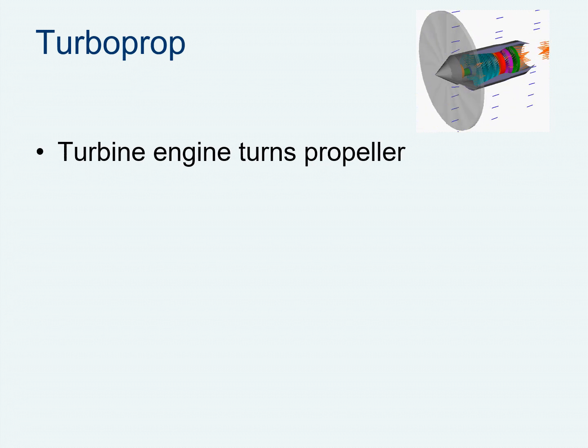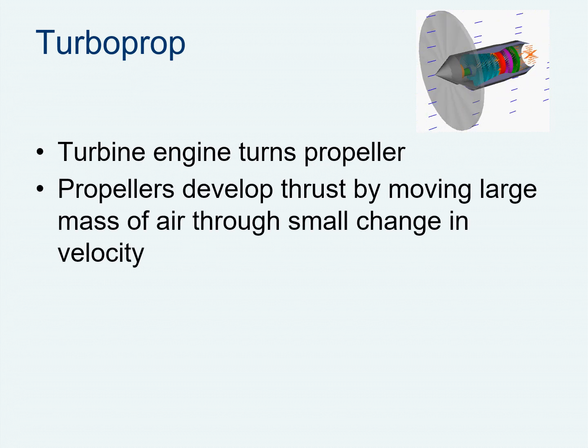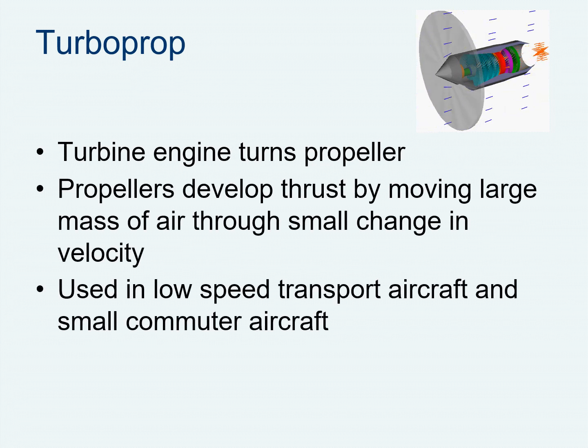Next is turboprop. Here the only difference from a turbofan engine is that instead of a fan we have a propeller in front of the compressor. Here the turbine rotates the propeller.